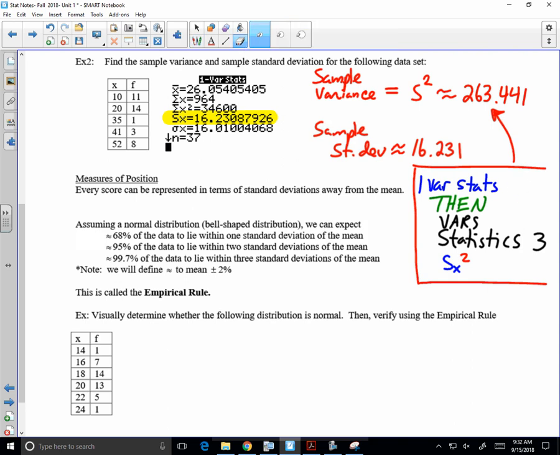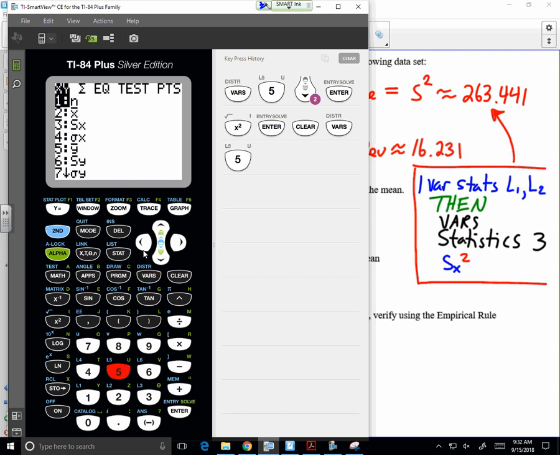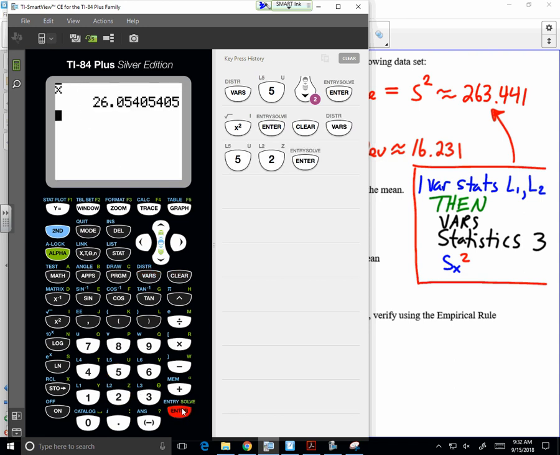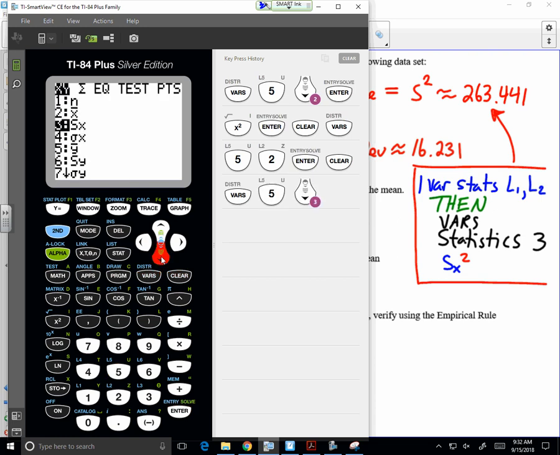And the good news is, it isn't just for this concept. If you want to recall something from earlier, let's say you cleared your screen and you want to have access to the mean. Again, vars, statistics, there's my mean, option 2. If I need to do something like the interquartile range, vars, statistics, you can start looking around for those items that we had before, like the Qs, max and mins, and things like that.